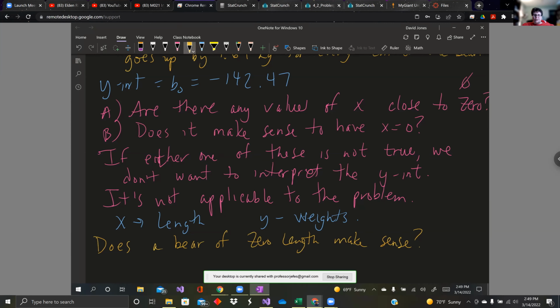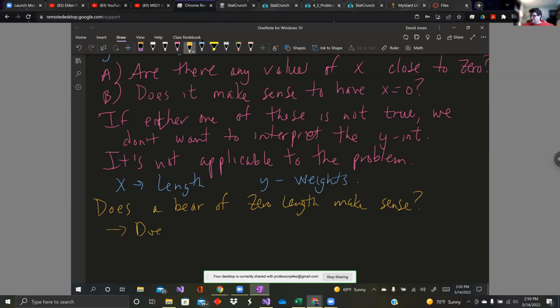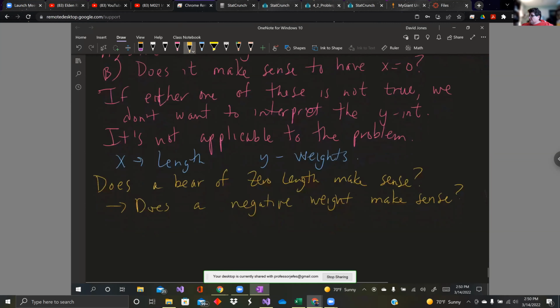Another way of looking at it is, does a negative weight make sense? Again, no. So where does this line actually, what values can we actually use?